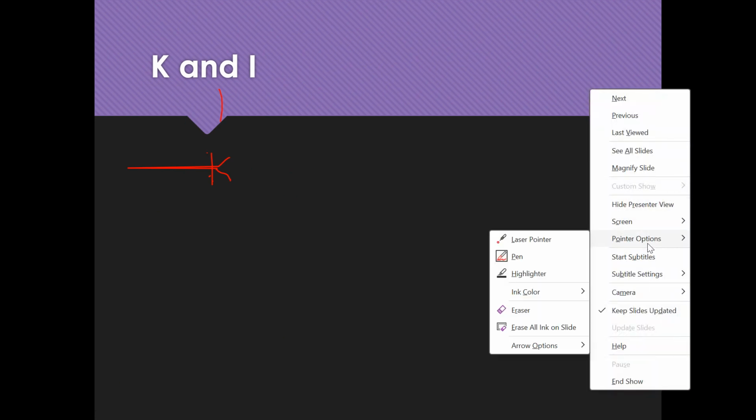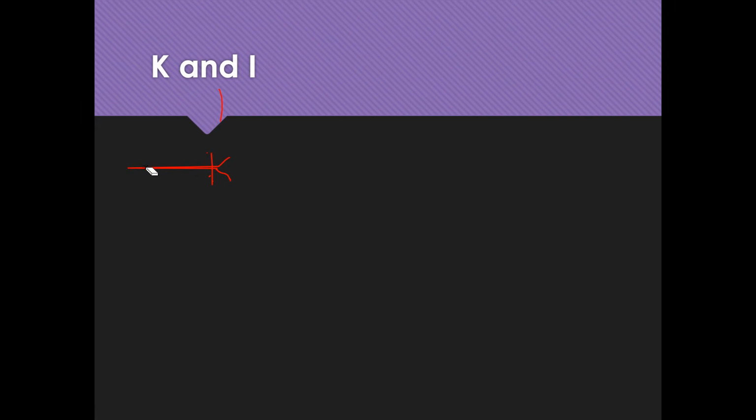Oops, let me get it moved down a little bit. Where's the cursor? There. Something happens when I get to the middle. Let me try to erase this. Let's try this one more time.